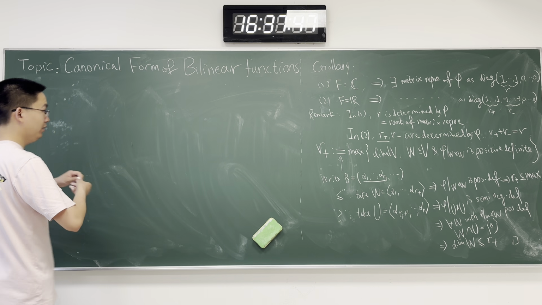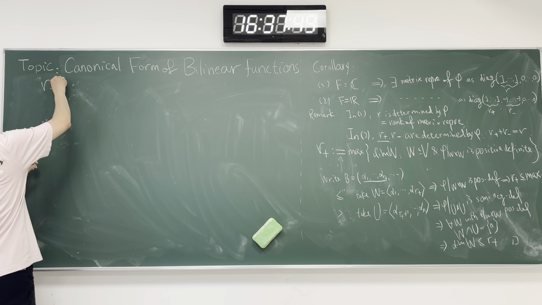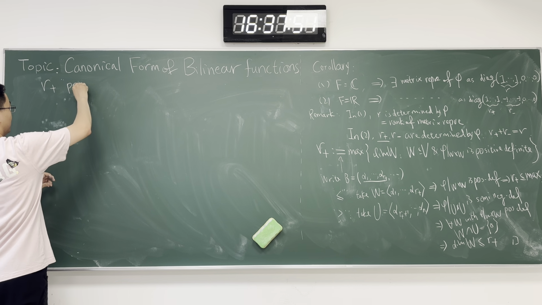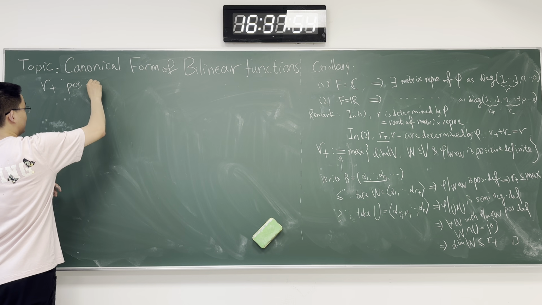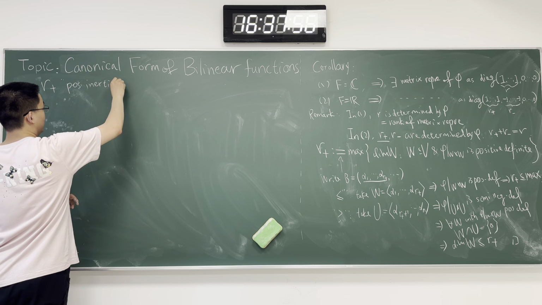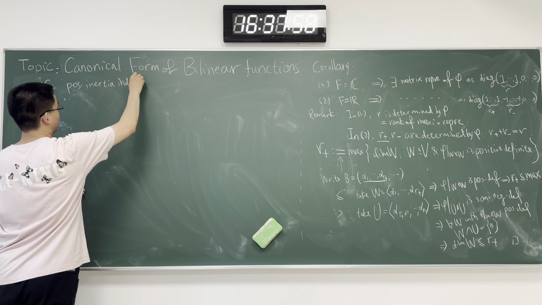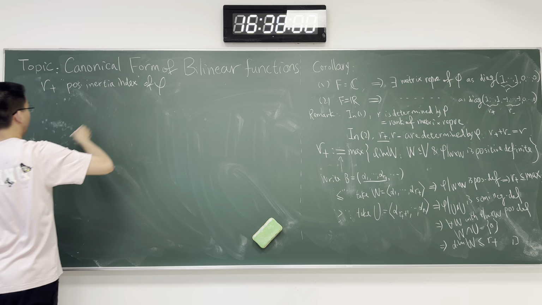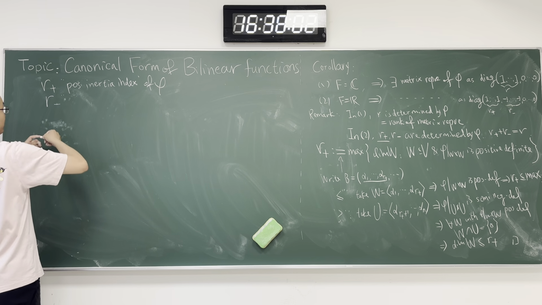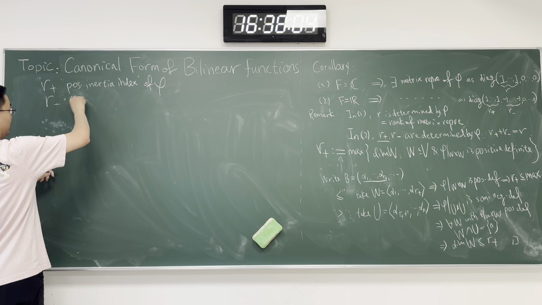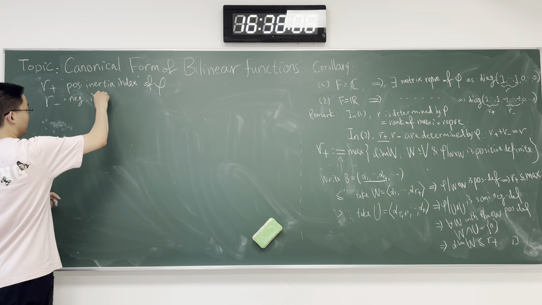Actually here, r plus is called the positive inertial index of phi, and r minus is called the negative inertial index.